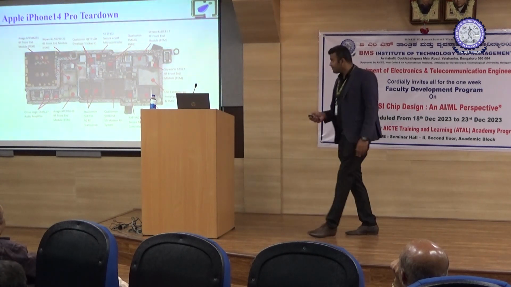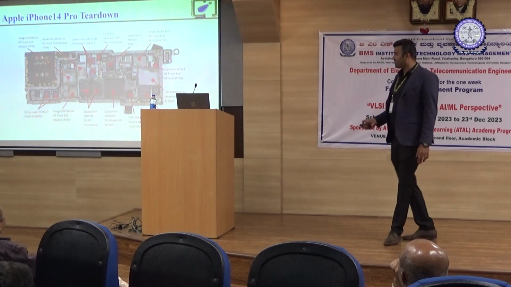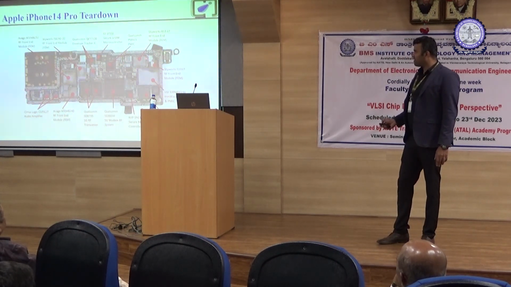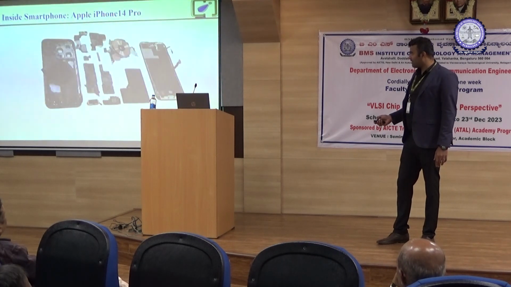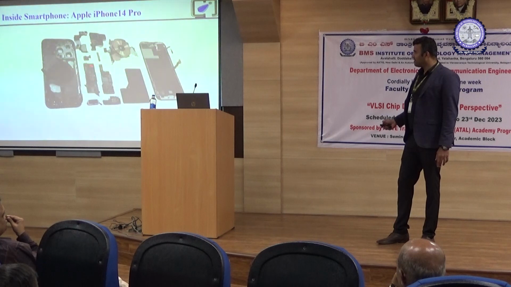So this is one of the system on chip of that, we can say, iPhone 14 Pro Max. You see the number of modules which are there are many. As I have told you, in the last diagram you can see we are having different SoC and different components.